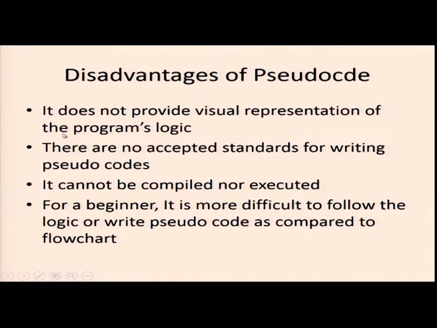Let us see the disadvantages of using pseudocode. It does not provide visual representation of the program's logic. There are no accepted standards for writing pseudocodes. It cannot be compiled nor executed. For a beginner, it is much more difficult to follow the logic or write pseudocode as compared to flowchart.